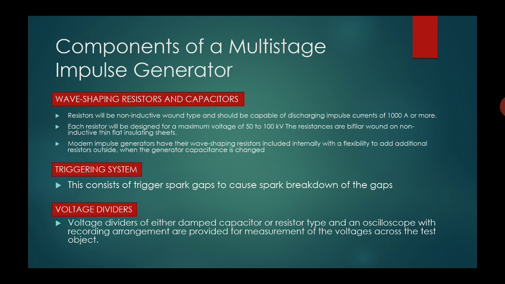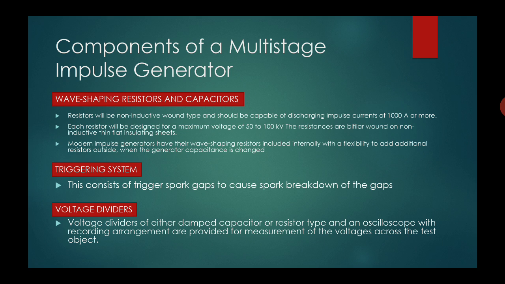The resistances are bifilar wound, that is wound on both sides of non-inductive thin flat insulating sheets. Modern impulse generators have their wave shaping resistors included internally, with the flexibility to add an additional resistor outside. Okay, so this is a basic description of the wave shaping resistors.